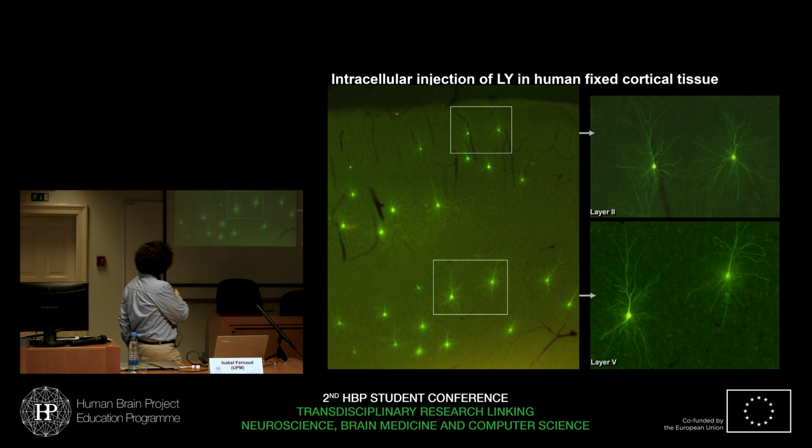These injections of Lucifer yellow can be made in many places on a single slide of your tissue, and you can compare, for example, between layers and study the morphology of the neurons present on each layer. As you see here in layer 2, neurons are quite different, I was going to say, but for you maybe it's not so different, but this kind of difference is what we are studying, if these differences are relevant or not.